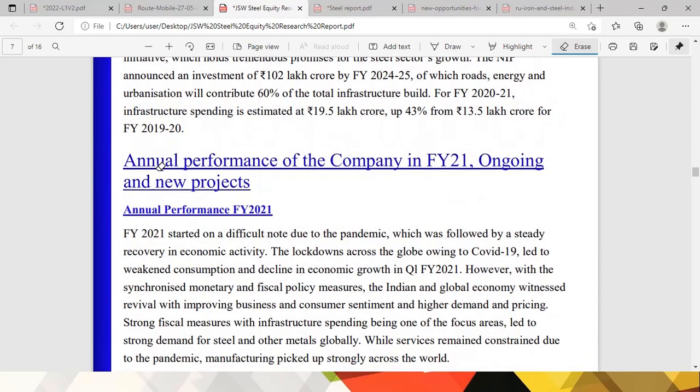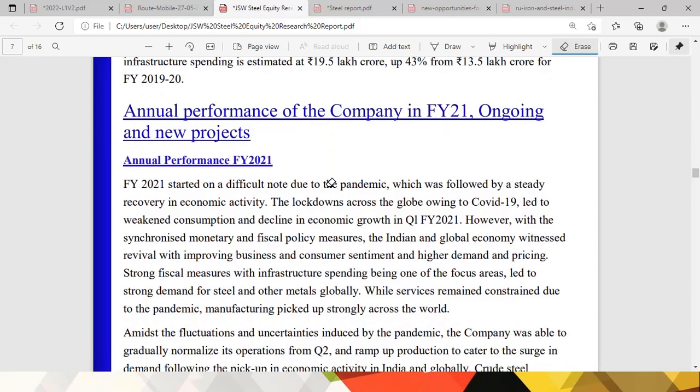Then I have shared here company's annual performance in FY21, and also I have shared about company's ongoing new projects.